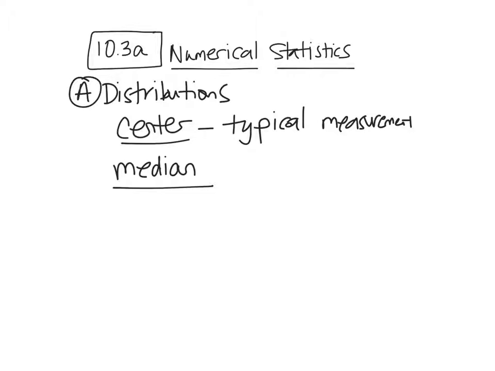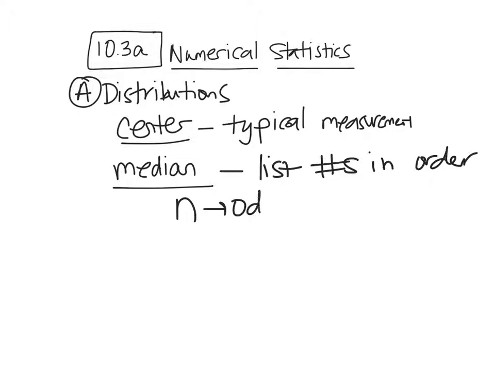So for the median, what you do is you list the numbers in order. And if the number of numbers that you're listing in order is odd, then all you do is go to the middle number, and that's the median.